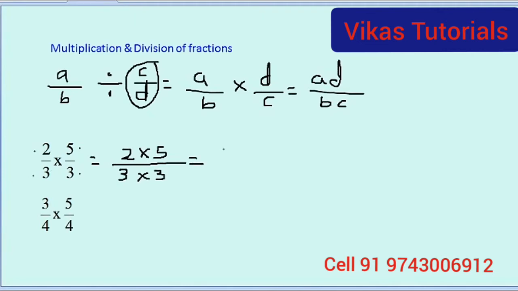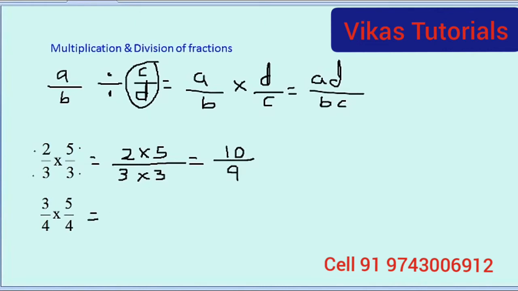So this will become 2 into 5 is 10 and 3 into 3 is 9. So your answer will be 10 by 9. If both the numerator and denominator can be divided by any other number, then we can divide it and further simplify the number, like we will see in our next example.